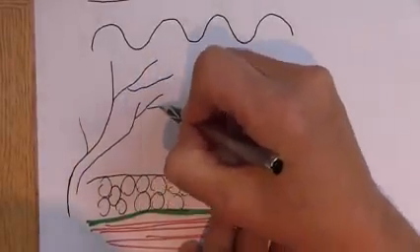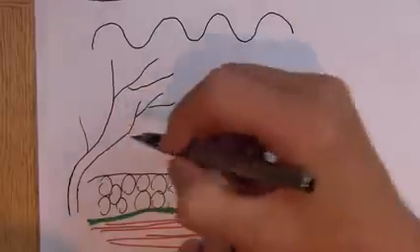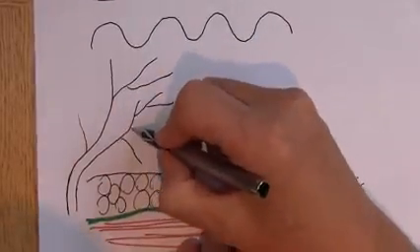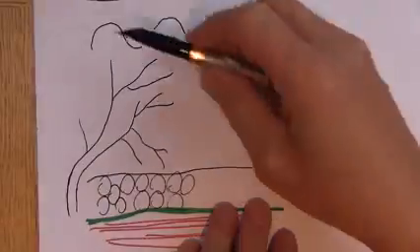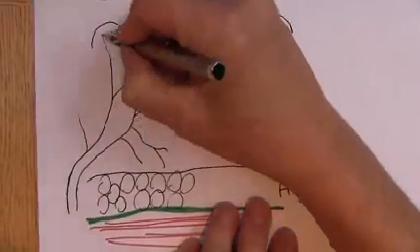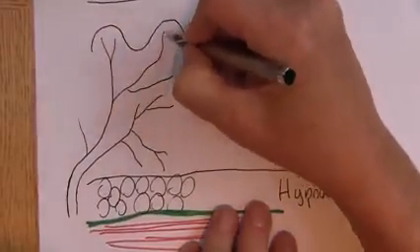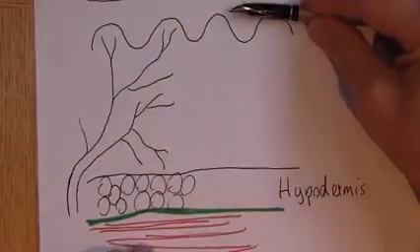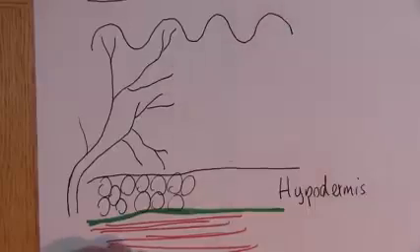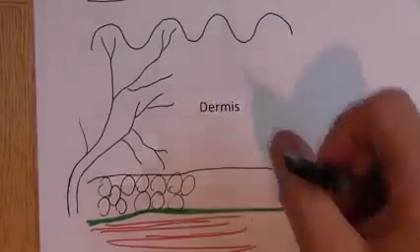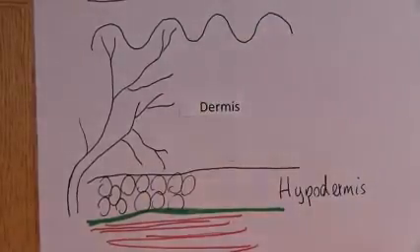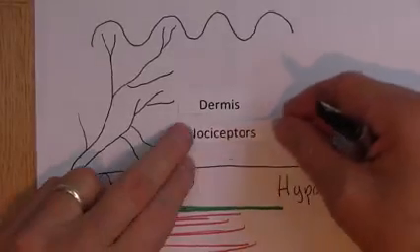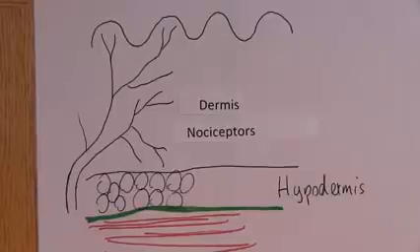Apparently blind-ended fibres like this. But interestingly, they don't actually extend into the epidermis, so they're just in the dermis. Remember, this layer here is the dermis. And these structures that we've drawn here, these sensory neurons, are the nociceptors of the dermis.